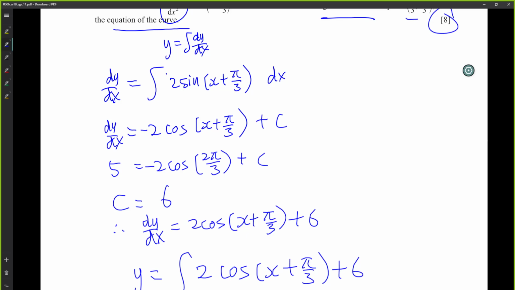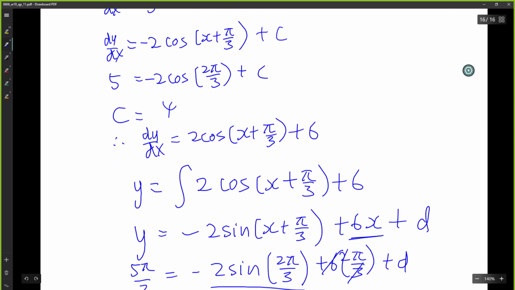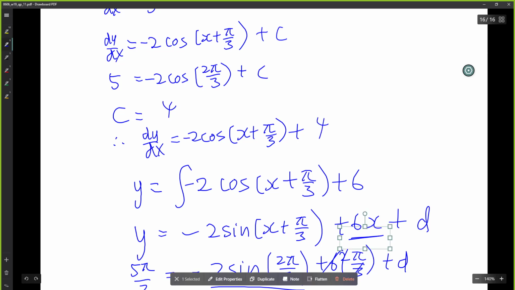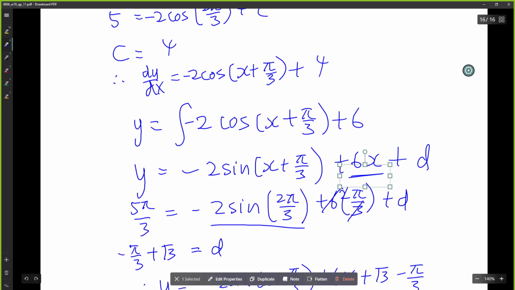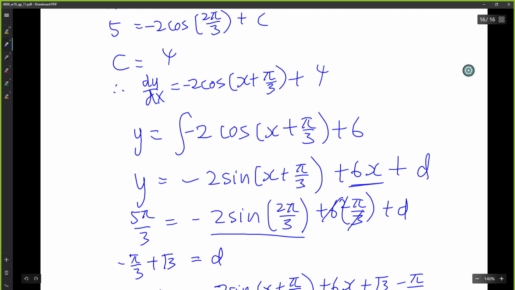And if you integrate negative cos, will give us remain the negative sign. So this one is minus, this one is plus 4. So yeah, integrate and differentiate, sometimes I get confused. Yeah, even me also get confused.